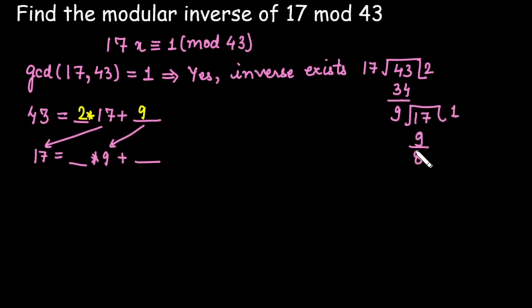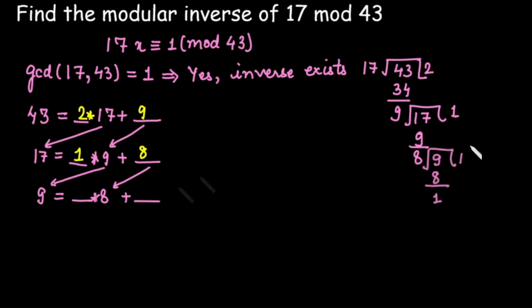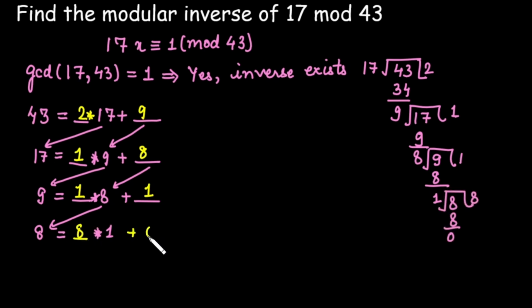Quotient is 1 and the remainder is 8. Repeat the same procedure. Divide 9 by the last remainder, 8. Both quotient and remainder are 1. Repeat the same procedure. Divide 8 by the last remainder 1. Quotient is 8 and remainder is 0.